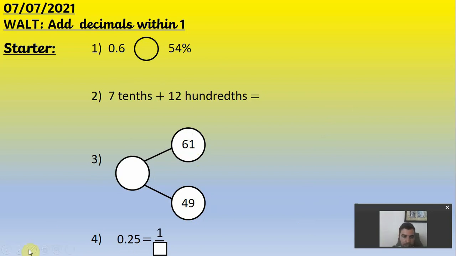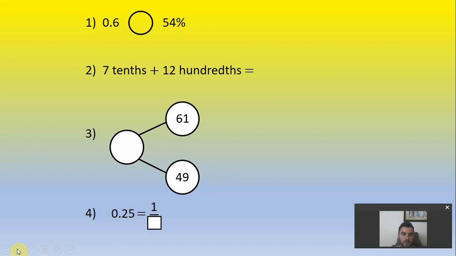Welcome back everyone, let's see how you got on. If we compare 0.6 to 54%, what you might want to begin with is convert it to the same unit. You convert it to both decimals, both percentages, or in this case, both fractions.